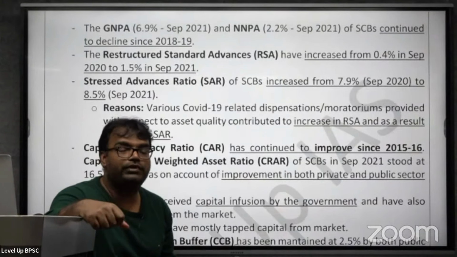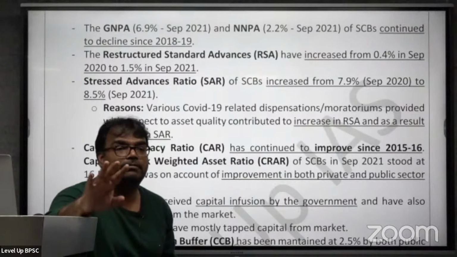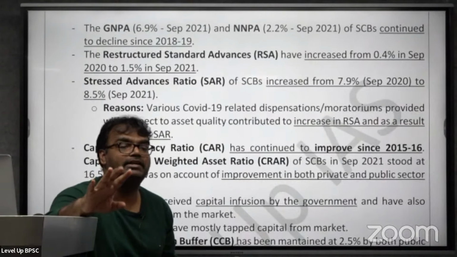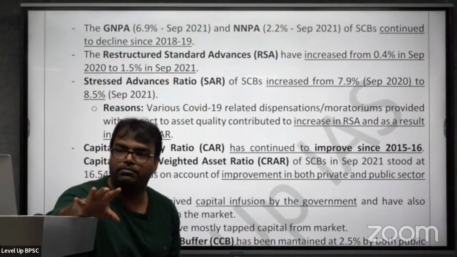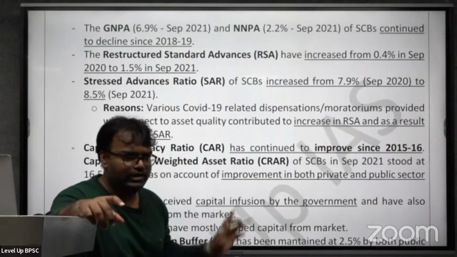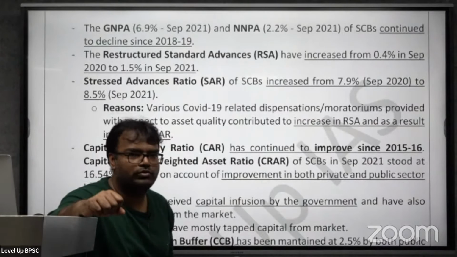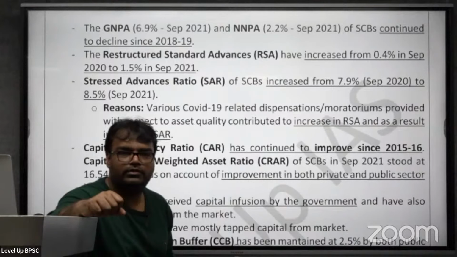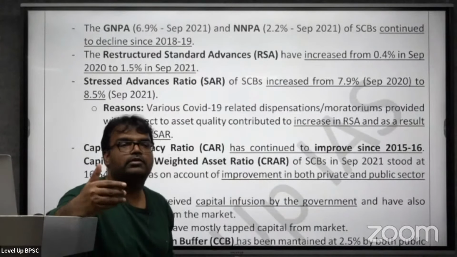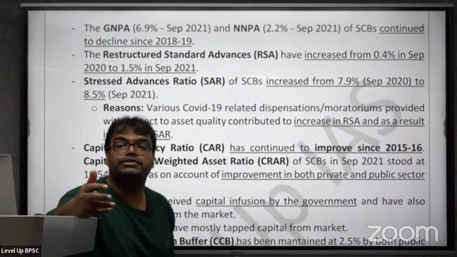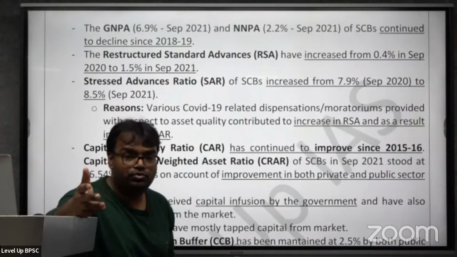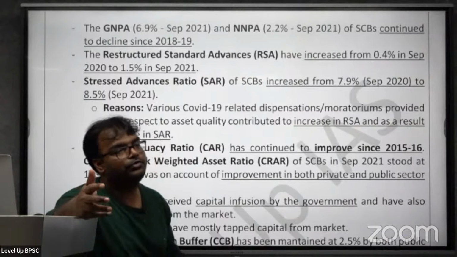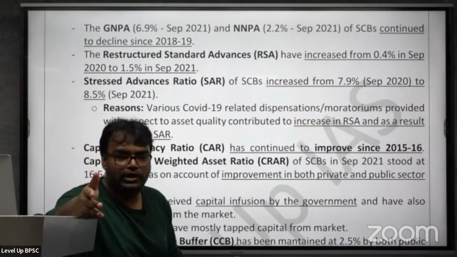Government, through RBI, through a notification, had said that please do not declare them as NPA. There was a moratorium on that, we'll understand about that moratorium also. Banks were also requested, if possible, try to finance the businesses. And for this, they restructured the loan.